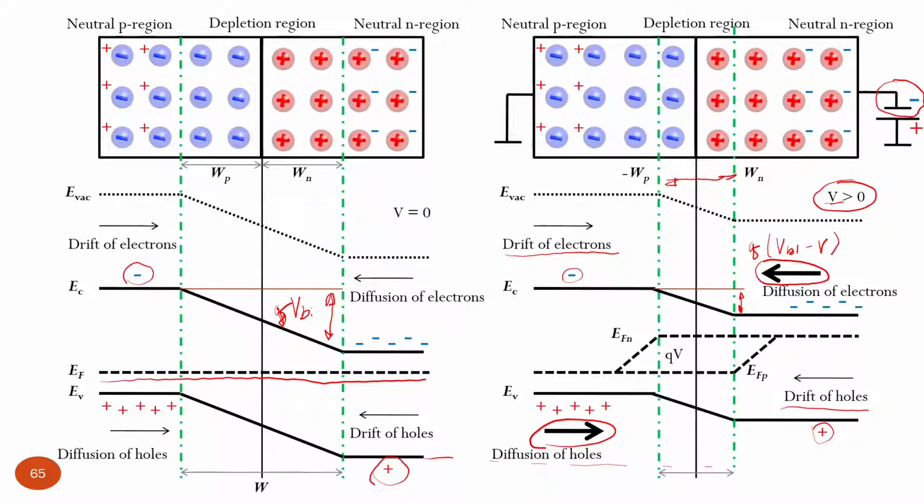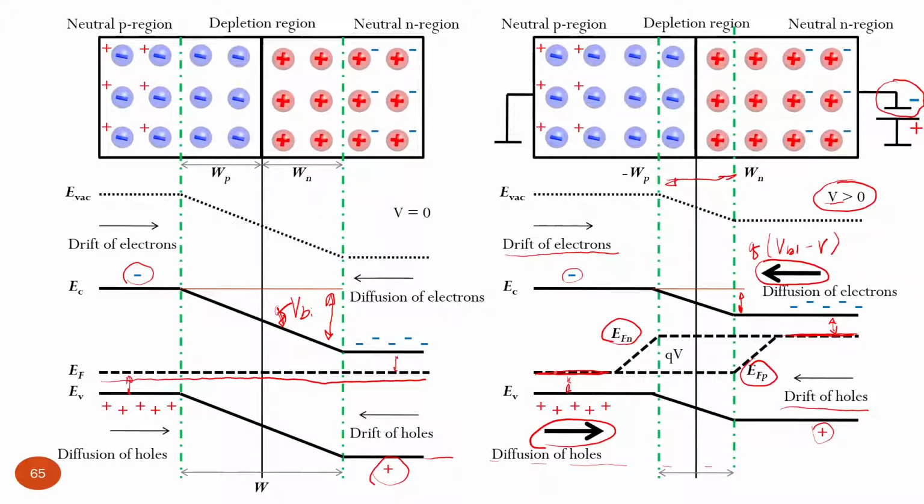So we need to deal with so-called quasi-Fermi energy levels. Now we need to understand how this profile looks for quasi-Fermi energy levels. In the neutral region, the Fermi energy remains as it was before with respect to the top of the valence band and bottom of the conduction band. So the same as here.